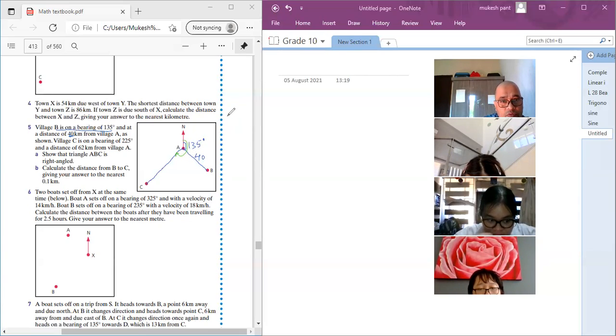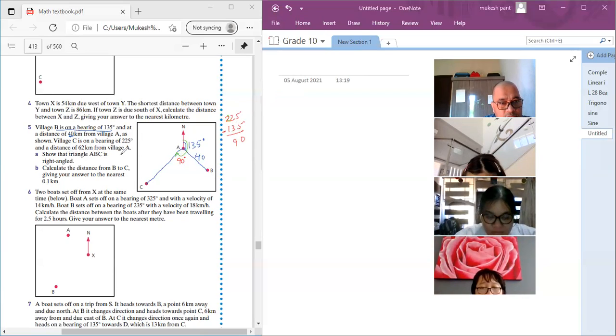So you just do 225 minus 135. Subtract this: 5 minus 5 is 0, and carry over, 12 minus 3. I got the answer 90. This is 90 degrees. So we are getting 90 degrees, guys.